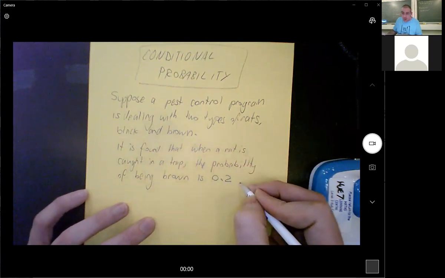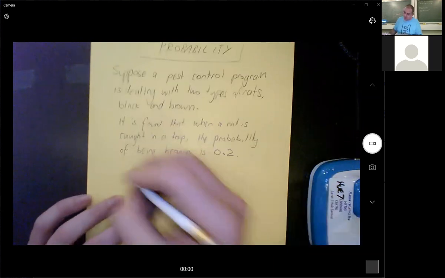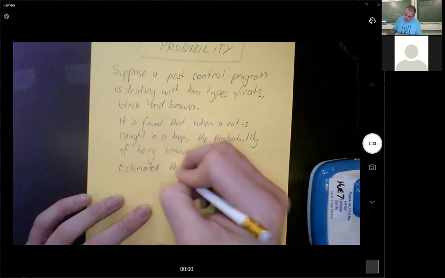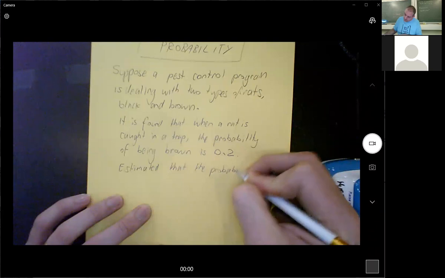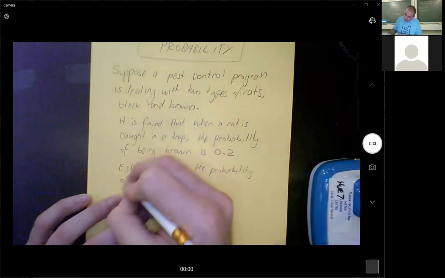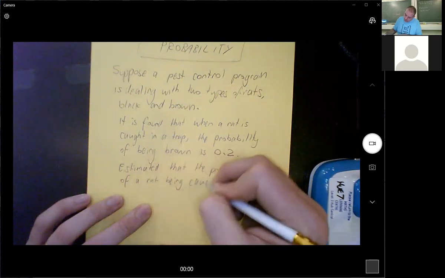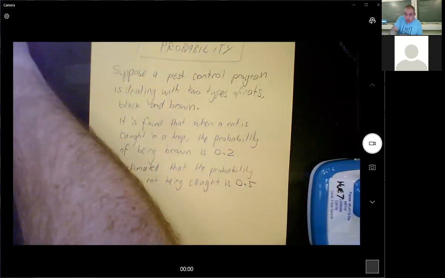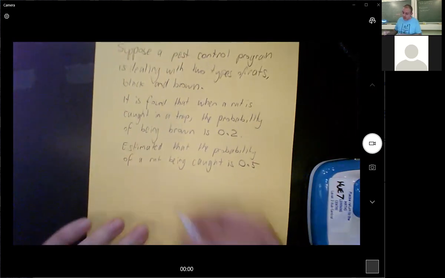It is estimated that the probability of any rat being caught is 0.5, and that the probability of a randomly chosen wild rat in the region being brown is 0.9.